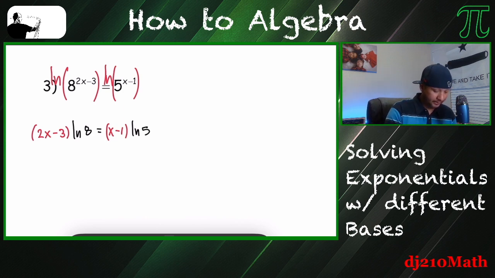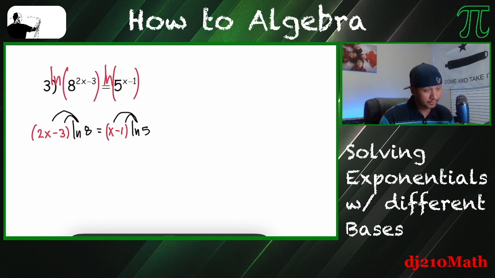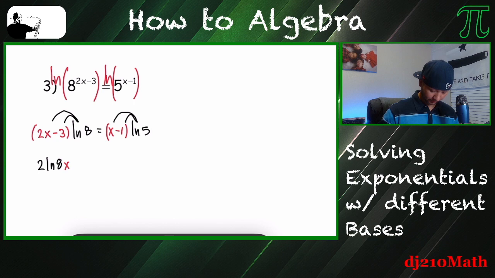Okay, the natural log is going to distribute in both cases. So 2 natural log 8 x minus 3 natural log 8.